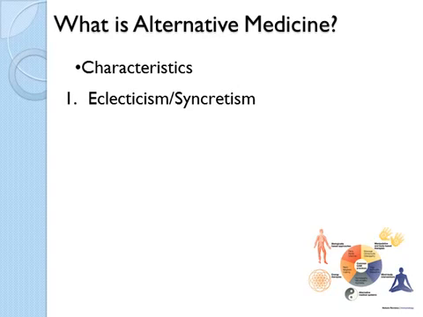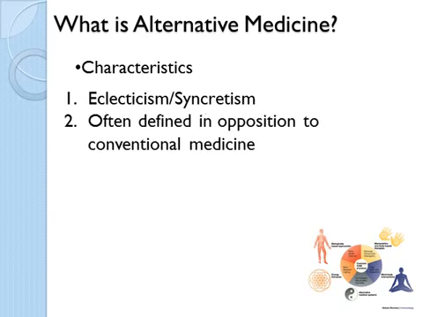There may also be a more pragmatic reason for this eclecticism, which is that because alternative medicine is to some extent defined in opposition to conventional medicine, things are lumped together which might not fit together if they weren't to some extent in a category that views itself as discriminated against or excluded from the mainstream. There are some just very practical political reasons why people join forces who practice therapies which are considered outside the mainstream or unconventional.